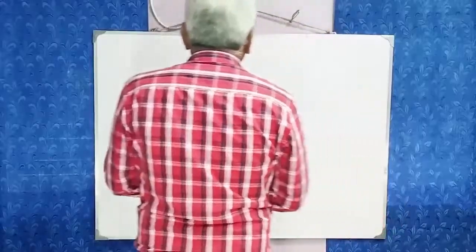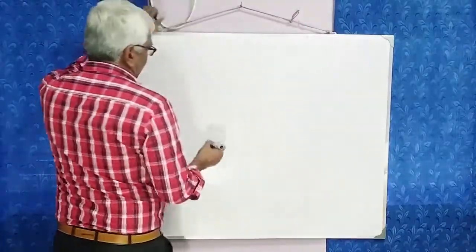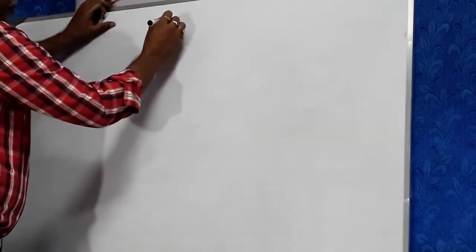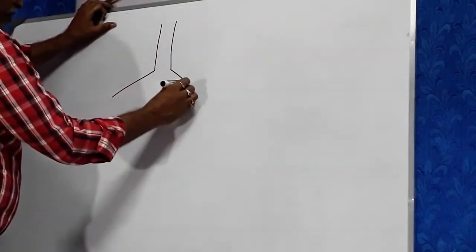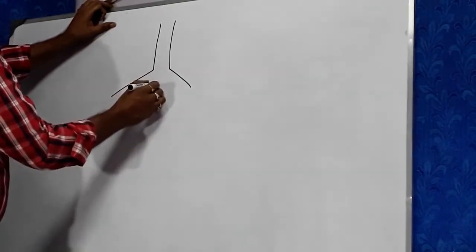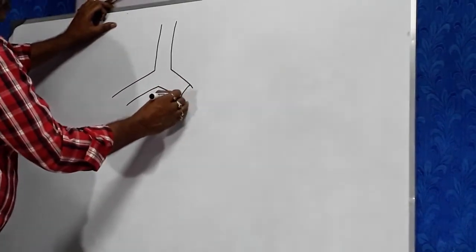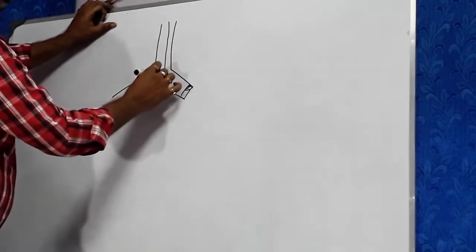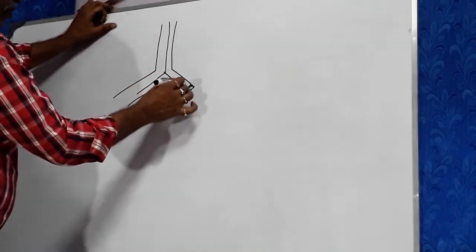Or this arrhythmia may occur, suppose there is a pathway, a bundle of this, and there is an infarct over here. So the impulse is coming and is diverted in both ways.